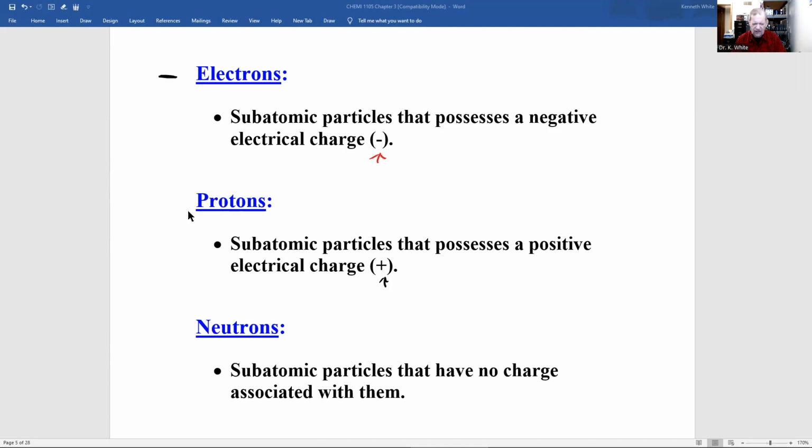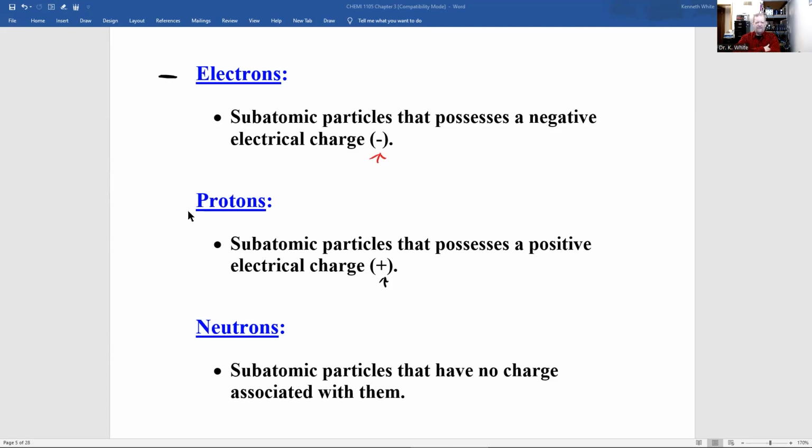And what's the third subatomic particle? Neutrons. The first time I go through this, it would be pretty quiet. I'd say, all right, come on, fire up. Let's do this again. What's the first subatomic particle? Electrons. What's the second one? Protons. And what's the third one? Neutrons.